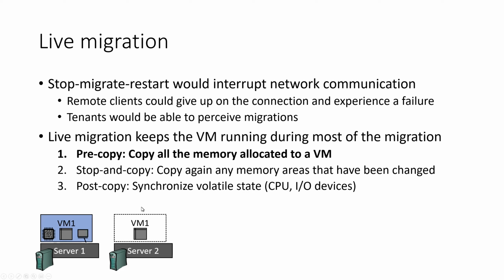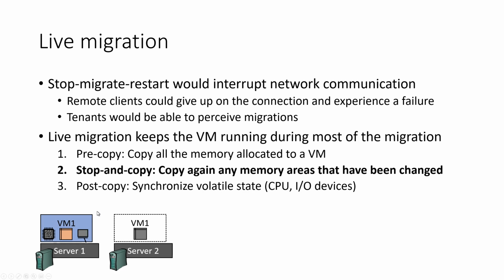This will take most of the time for the migration, particularly if the VM is very large and has a lot of memory. So we copy this data to the second server. After the pre-copy stage is done, after we have copied all of the memory, we freeze VM1 and finish the migration. One of the things that might have happened while we were doing the pre-copy is that the memory in VM1 might have changed.